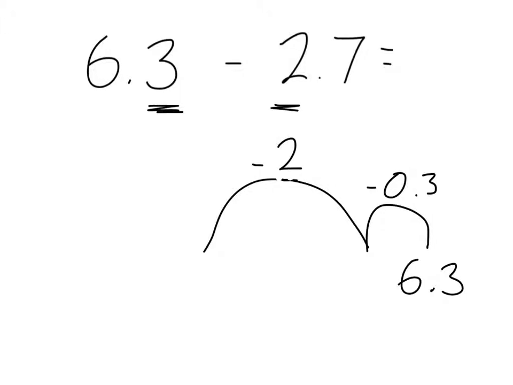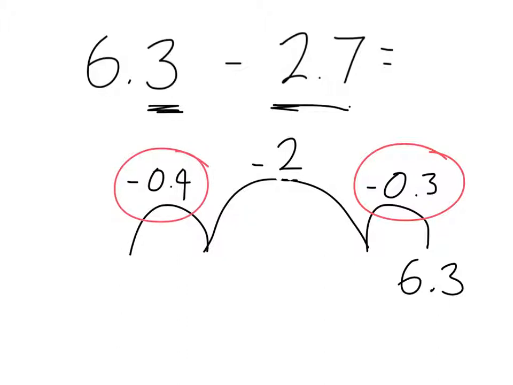Minus 2 there. And we've taken away 0.3 and 2 whole numbers, so what's left out of 2.7? We need to jump back minus 0.4. So we just check. 0.3 plus 0.4 equals 0.7 plus 2 equals 2.7.